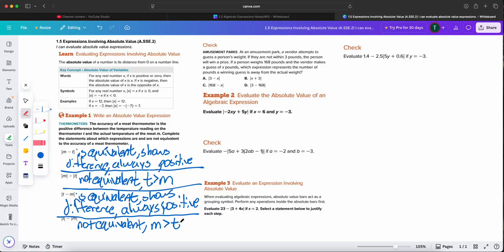So when we're thinking about this, we know that they have to be within 3 pounds of what the person weighs. So we want to see if the number, once we've subtracted, is less than 3.